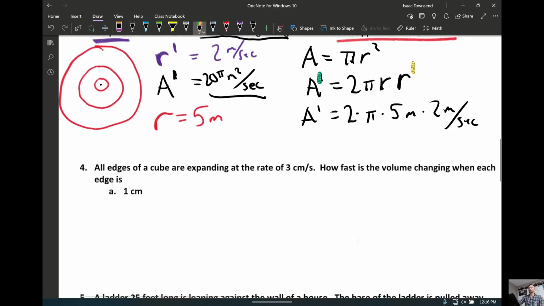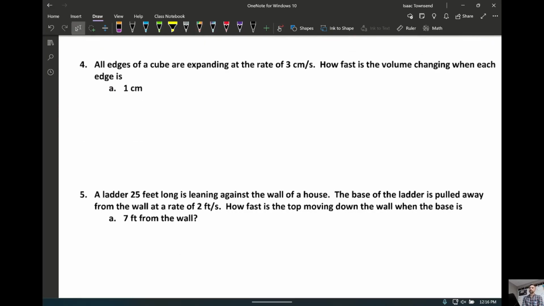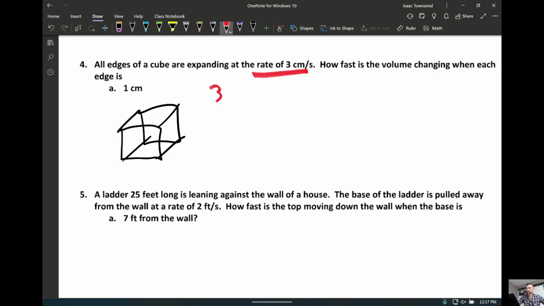All right. Up next, all edges of a cube are expanding at a rate of 3 centimeters per second. So there's my cube. Something is 3 centimeters per second. But what is that?